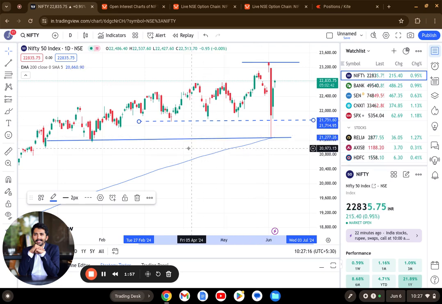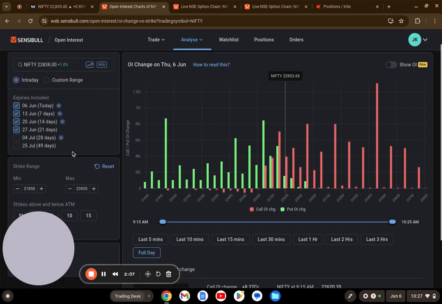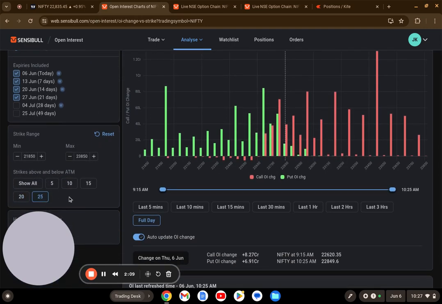Now the next step is to actually go into the open interest chart and see where the volumes are being built up. Since you're taking a monthly trade, it'll be better if you can get a broader view.